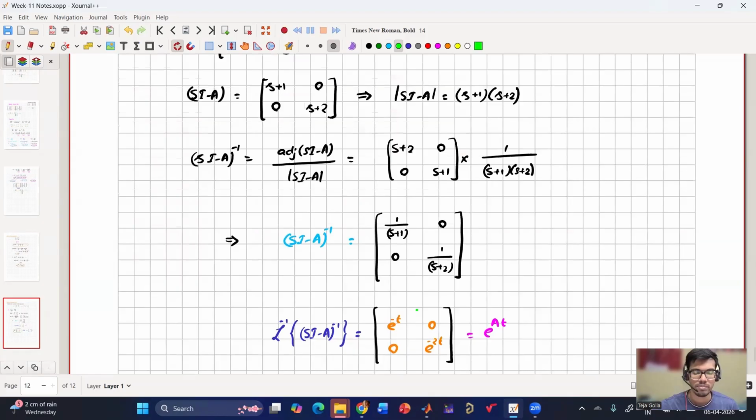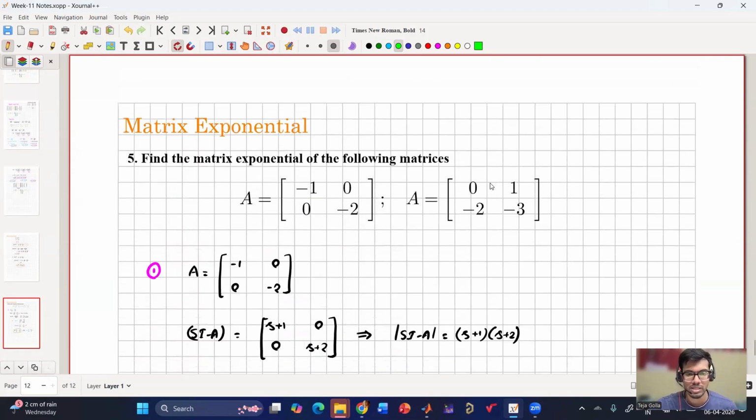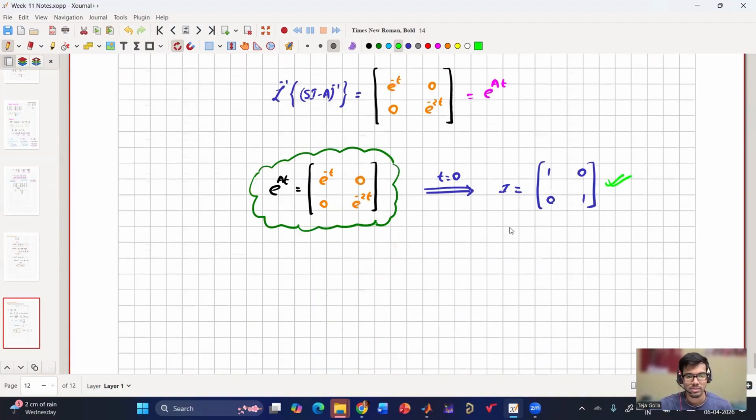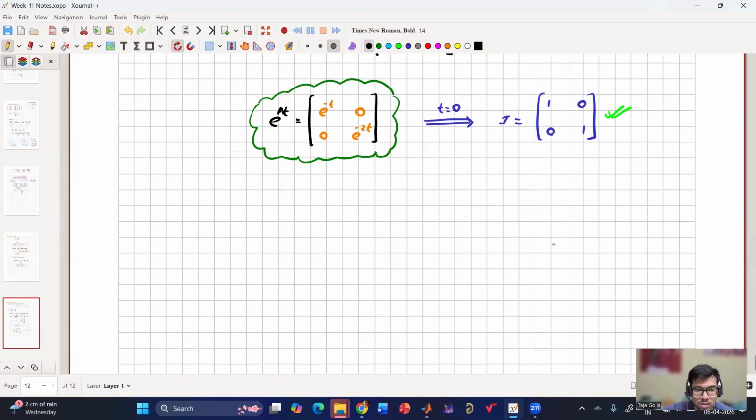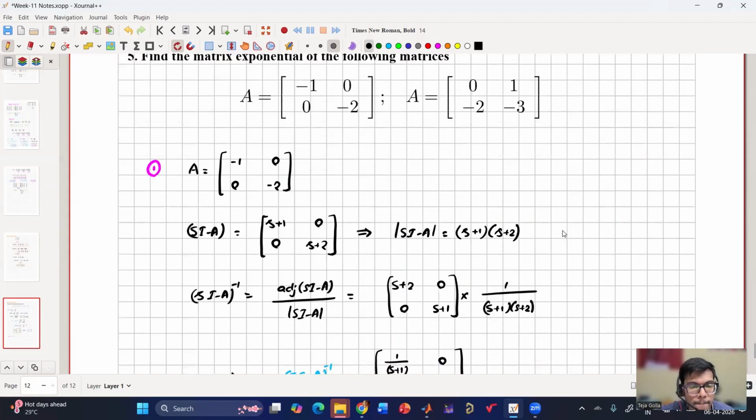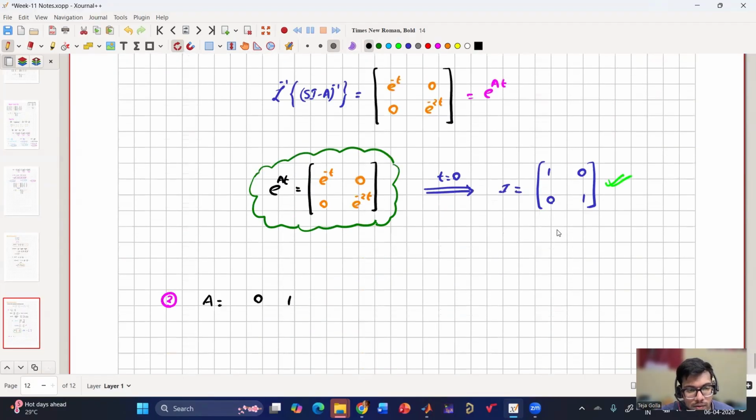Now we'll follow the same and then calculate for the other one. So the second one, A is 0, 1, -2, -3.